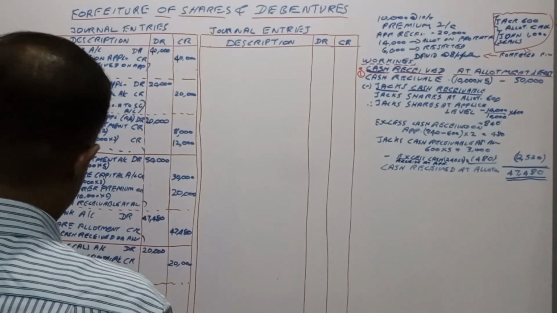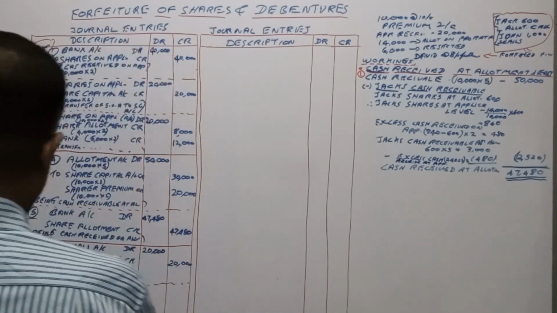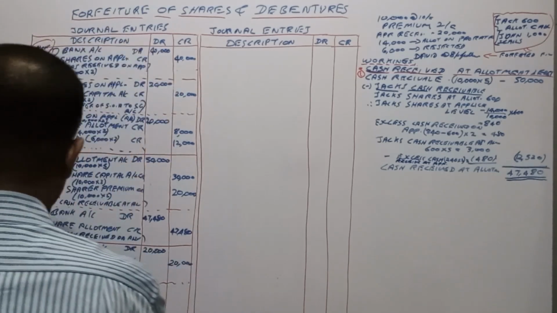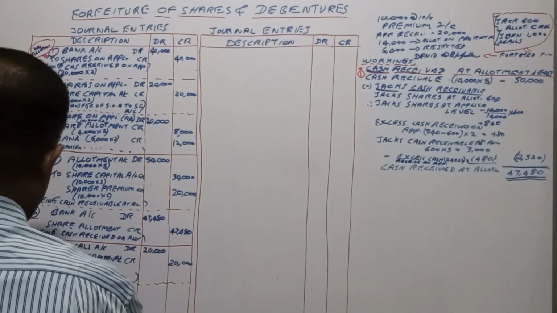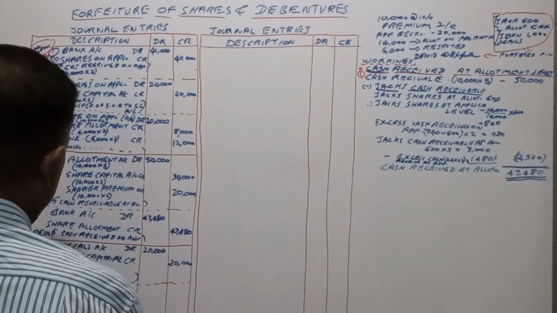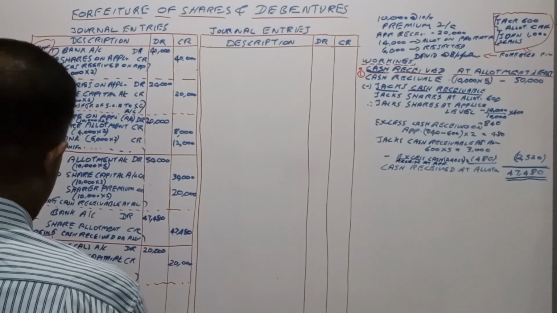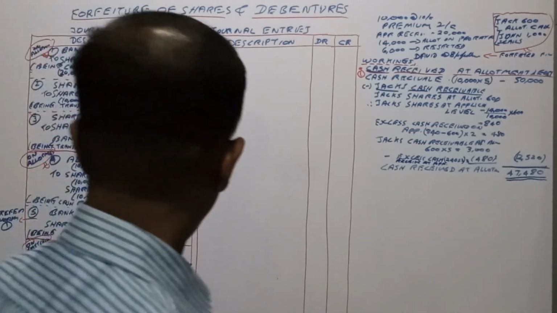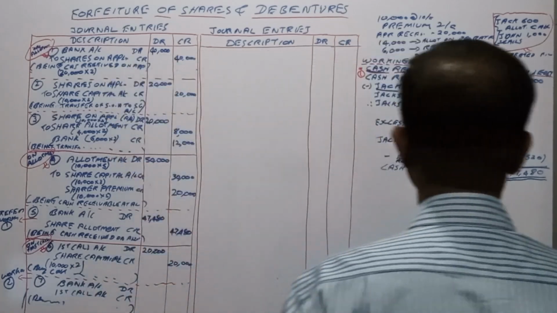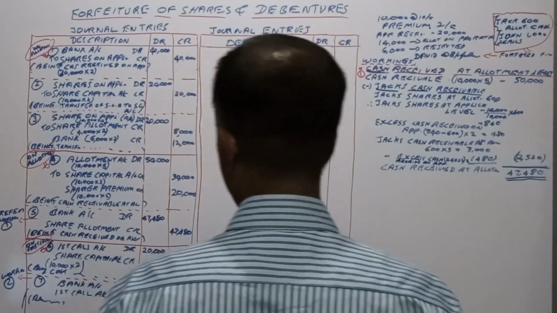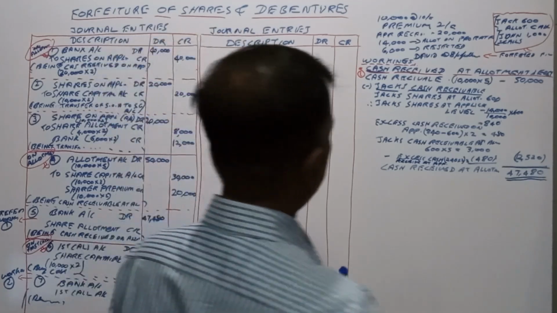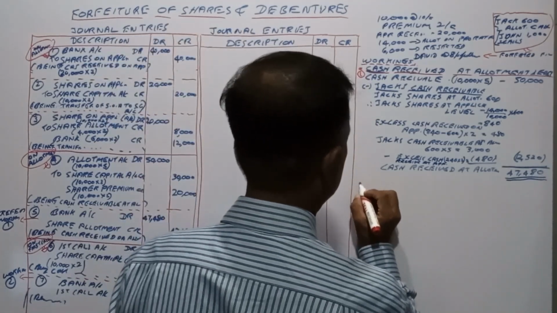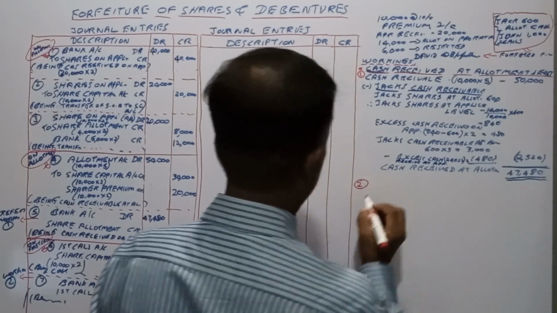You have to say being cash received at first call, right? Narration. Bank account, here you have to see on the first call, this is second one.